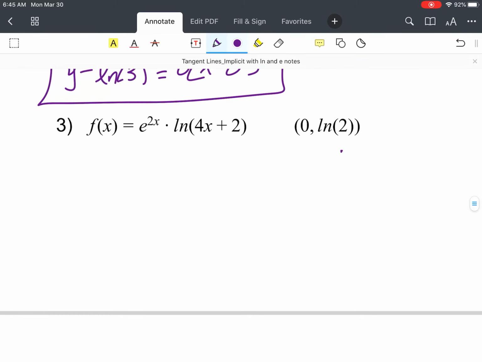So if I want to take this derivative, there's a product rule there. So I'm going to start off going f prime of x is first times the derivative of the second.